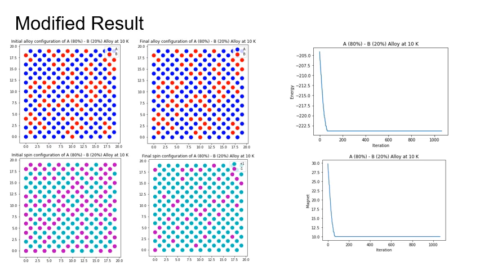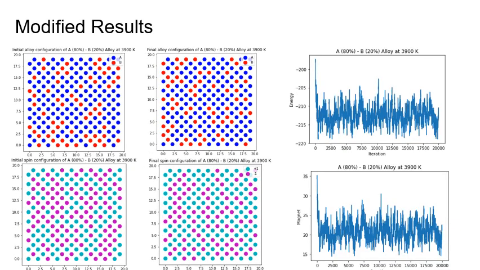Also, it's very easy to achieve the convergence criteria at low temperature. This time, we change the temperature to 3900 K. We see that the atoms start to diffuse as they have enough energy.